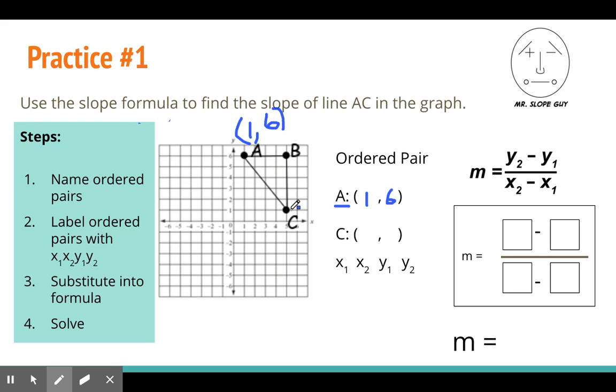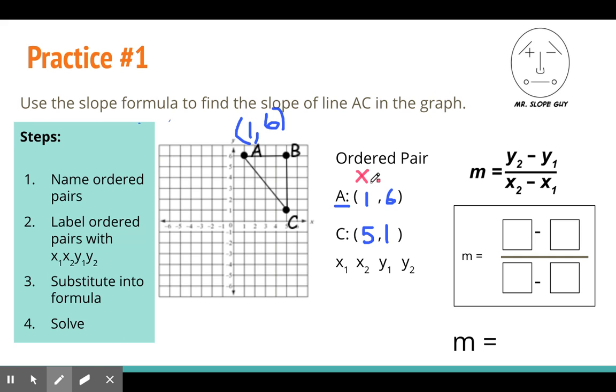Point C, it's going to be 5 comma 1. You designate your x1, y1, x2, y2. So let's go ahead and identify that. It doesn't matter which one you choose.